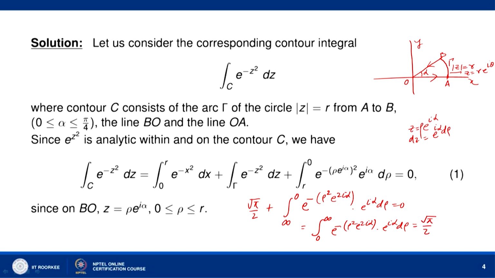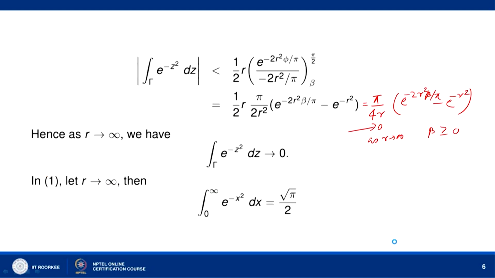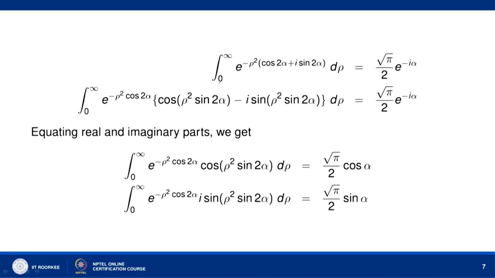And then you put e to the power 2 i alpha as cos 2 alpha plus i sin 2 alpha, and for e to the power i alpha you put cos alpha plus i sin alpha. So, e to the power i alpha we bring to the right side, and then the integral 0 to infinity e to the power minus rho square (cos 2 alpha plus i sin 2 alpha) d rho is equal to root pi by 2 e to the power minus i alpha.